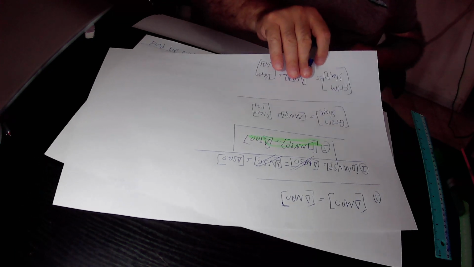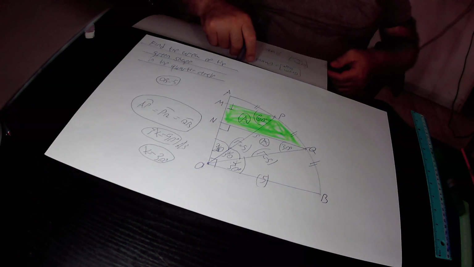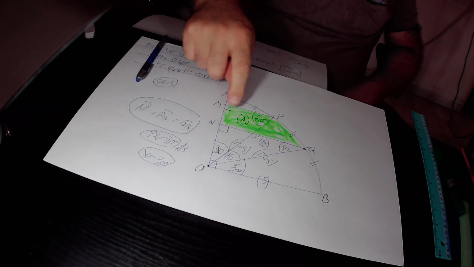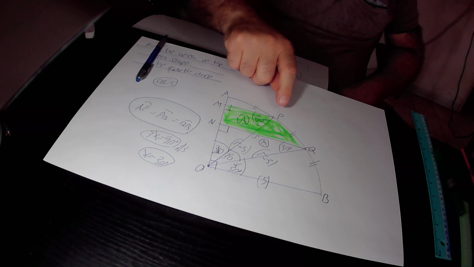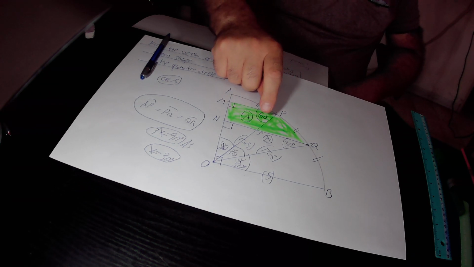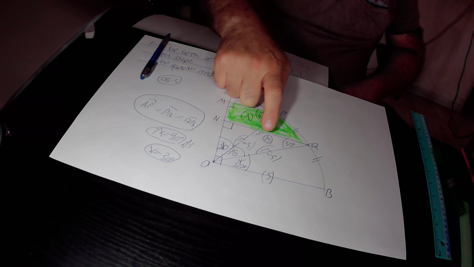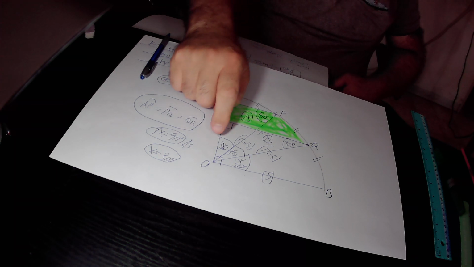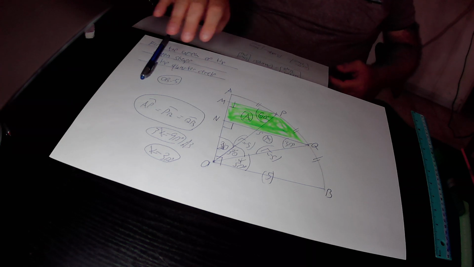So if you follow, the area of this green shape equals the area of this triangle SOQ plus the area of this green shape PSQ. But the area of triangle SOQ plus the area of this green shape PSQ is equal to the area of sector POQ. So write it down.